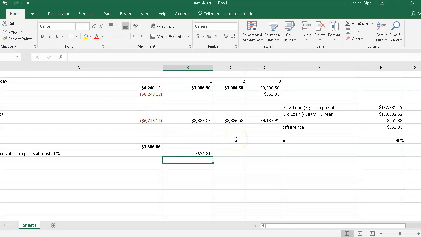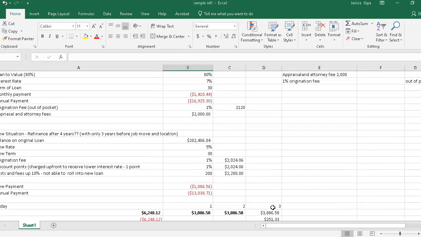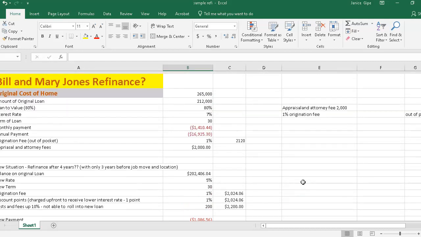And as you can see, it's a smart move to go ahead and make this transaction. And, possibly if you end up staying after the 3 years, you still have a much lower rate of interest and a much lower payment, and annually, and also, of course, monthly.